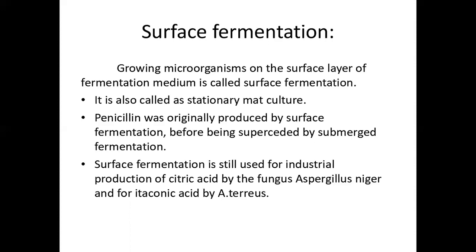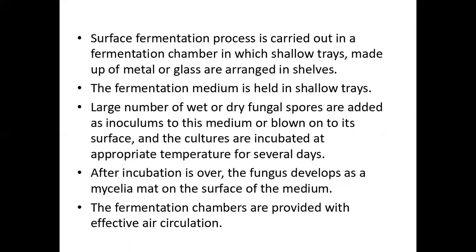That is why this process is called surface fermentation, and it is carried out in a fermentation chamber in which shallow trays made of metal or glass are arranged in shelves. Shallow trays means the depth of the tray will be very small, so that maximum nutrients will be utilized by the growing microorganism, and a large number of wet or dry fungal spores are added as inoculum into the media and blown onto its surface, and cultures are incubated at appropriate temperature for several days.